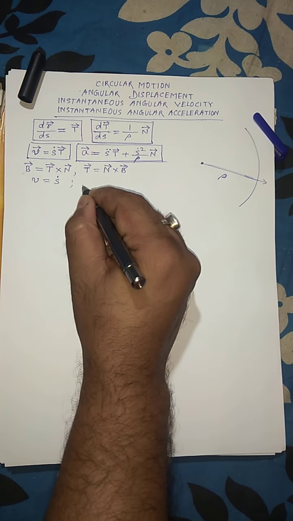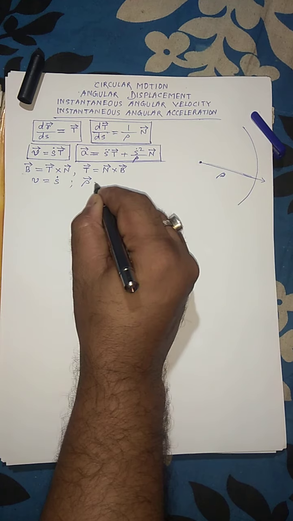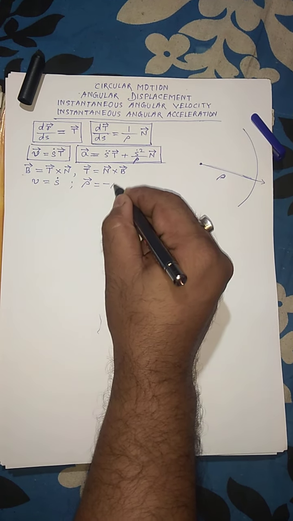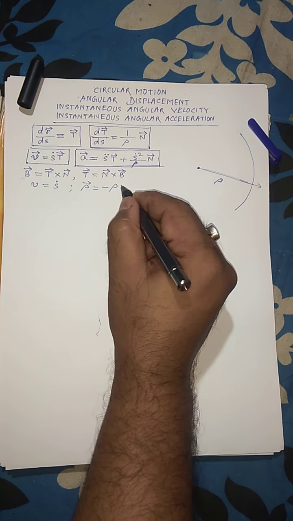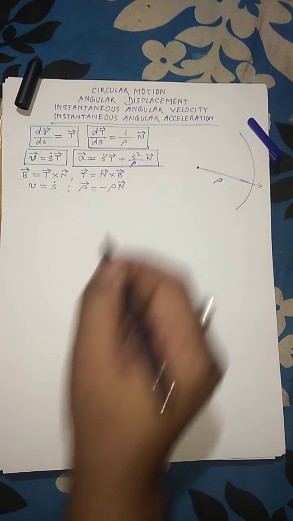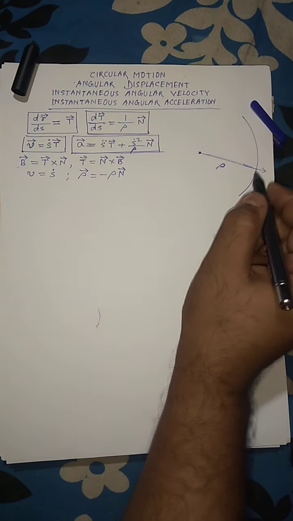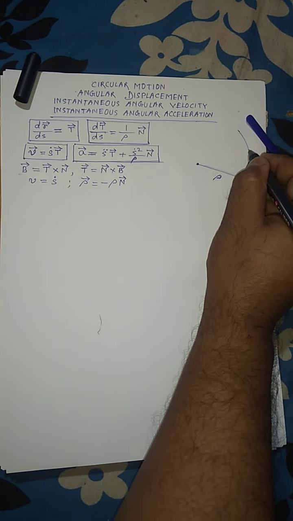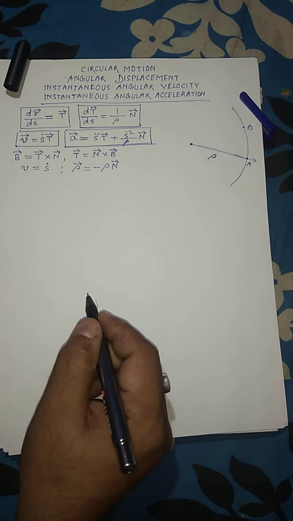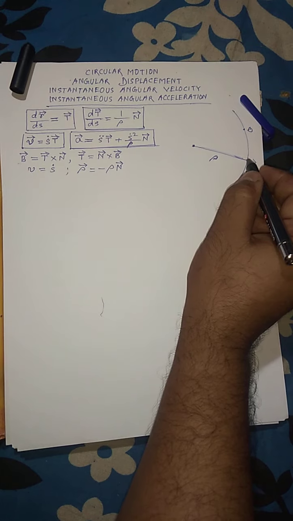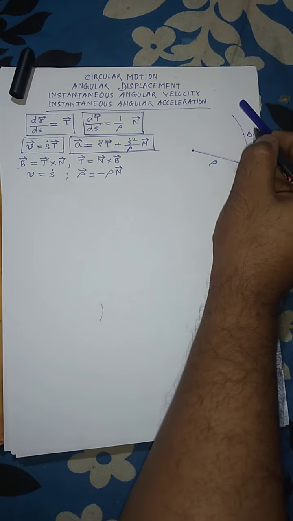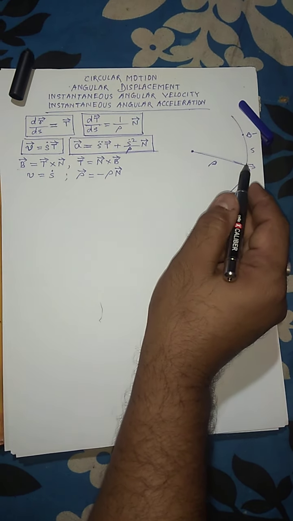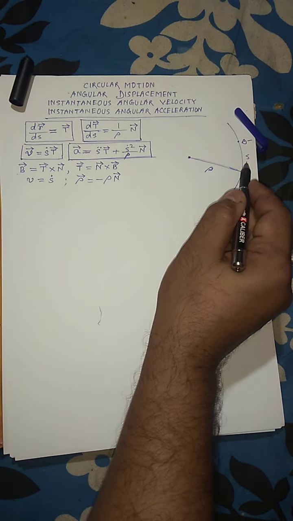So we can write the radius vector is equal to negative the magnitude of the radius vector multiplied by the unit normal. Let the particle move from point A to point B. The length of arc AB is S. So the distance the particle travels is S.